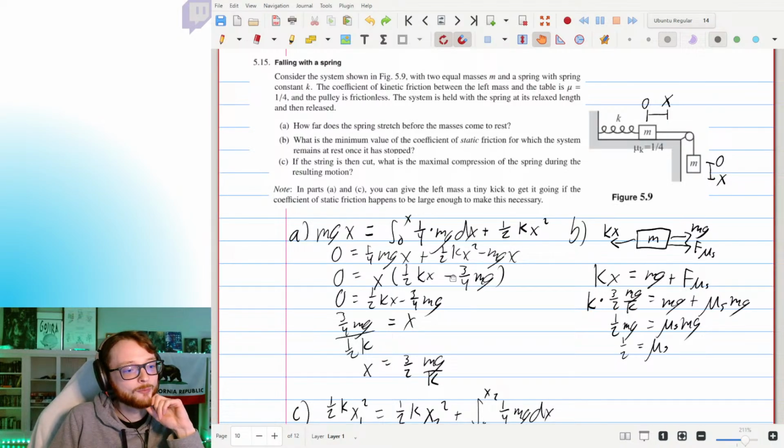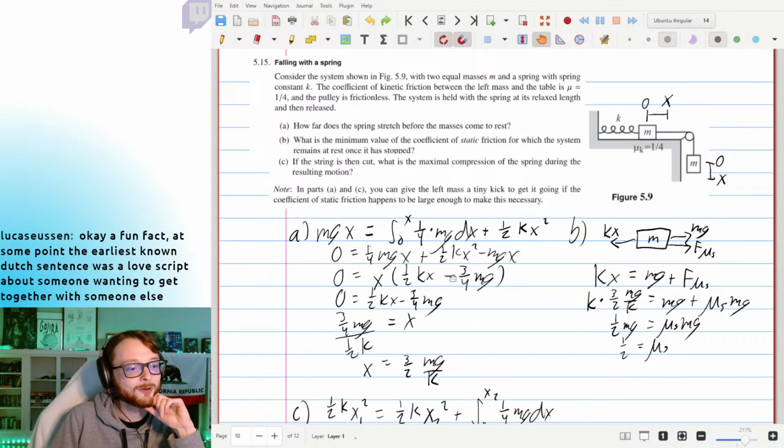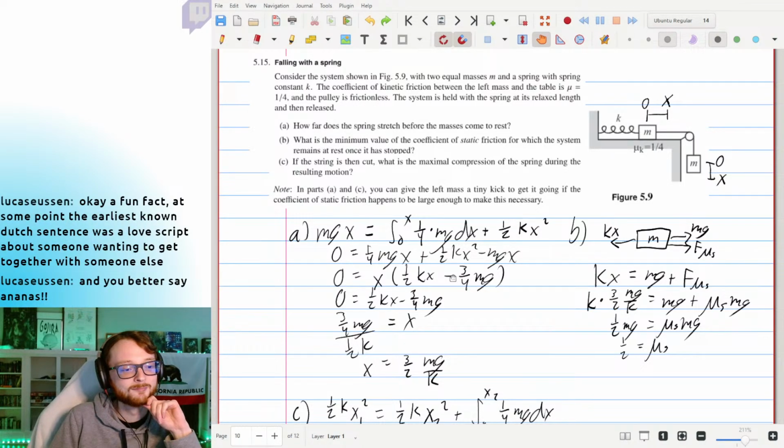At some point, the earliest known Dutch sentence was a love script about someone wanting to get together with someone else. That tracks. I believe that. Wait, you better say ananas? What?